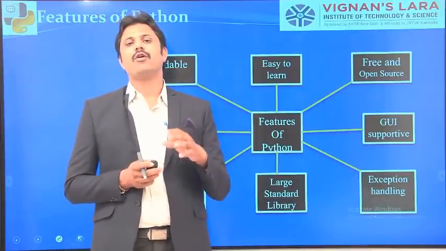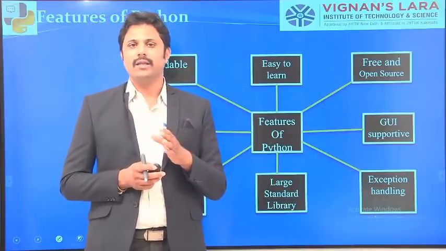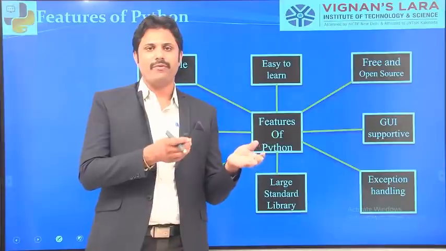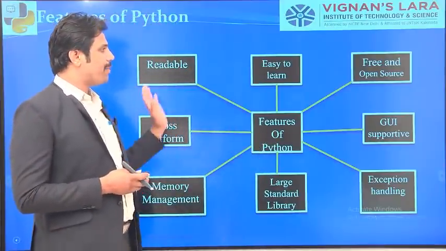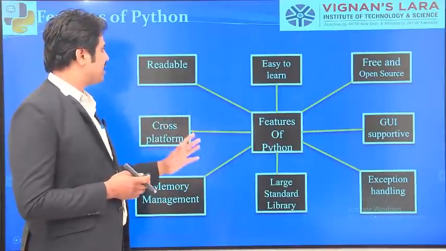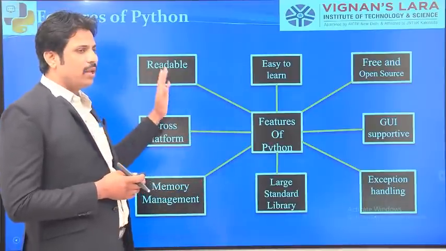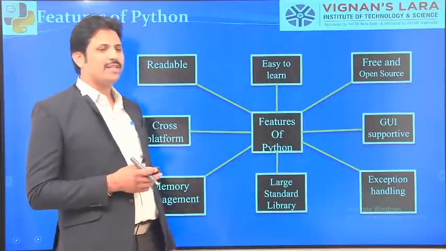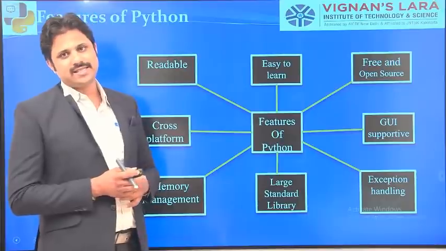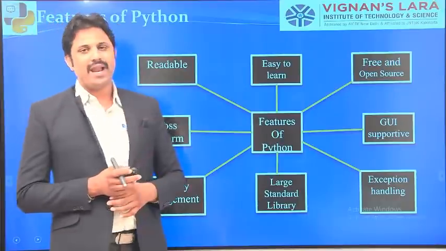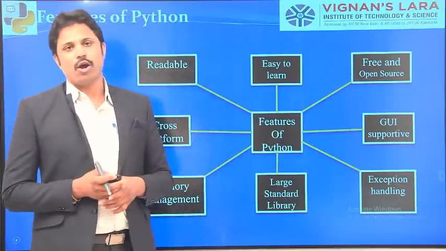It can work on any platform in the world. If you copy a program from one computer to another computer, it works simply. So these are the basic features of Python. Let us summarize: readable, easy to learn, free and open source, graphical user interface, exception handling, large standard library and memory management, finally cross-platform.